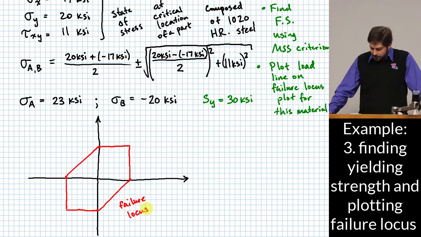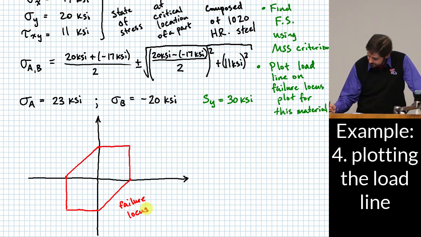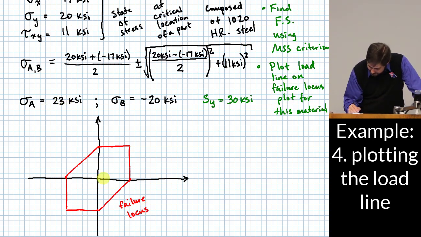All right, how do we plot our particular state of stress? Well, we look at this and say we've got 23 KSI along our A direction. So 5, 10, 15, 20, not quite to 25, so we're somewhere along here in this direction.